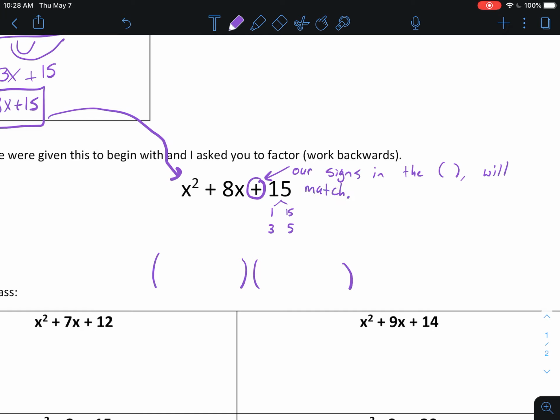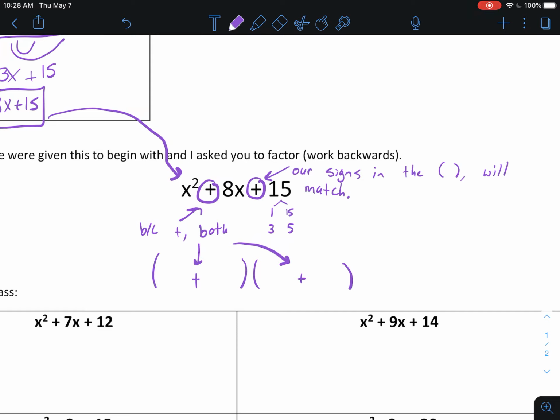And that's because that's positive. What will they match to? They match to plus. So because this is plus, both parentheses are also going to be plus. So that's a great way to start this out.